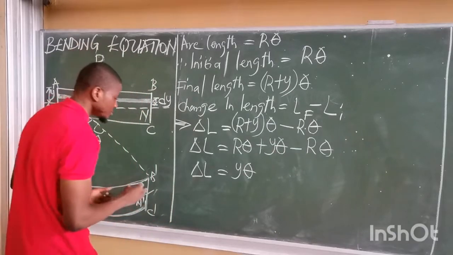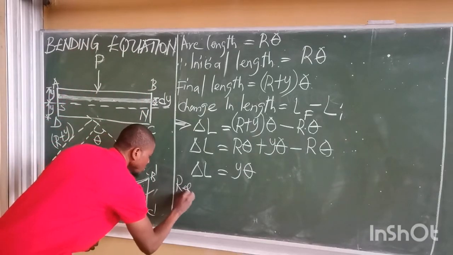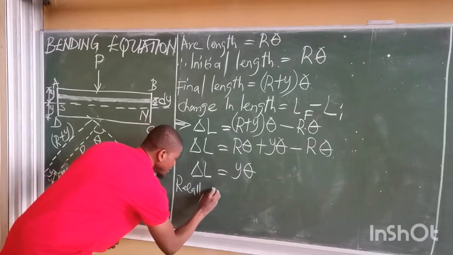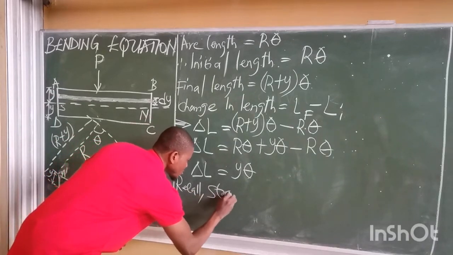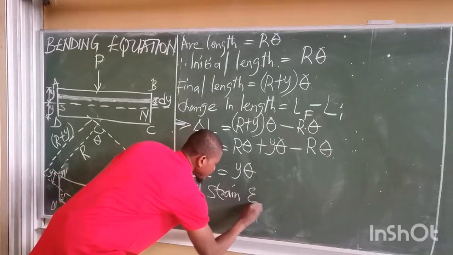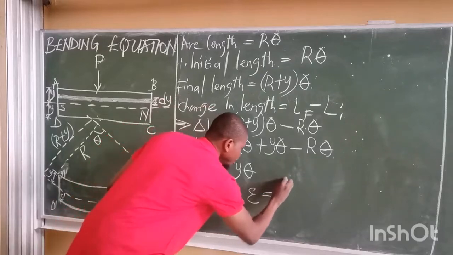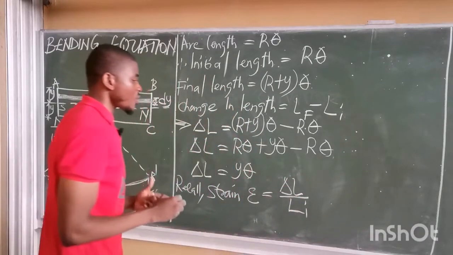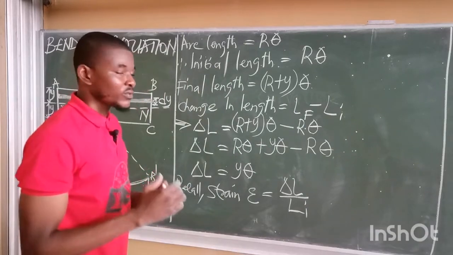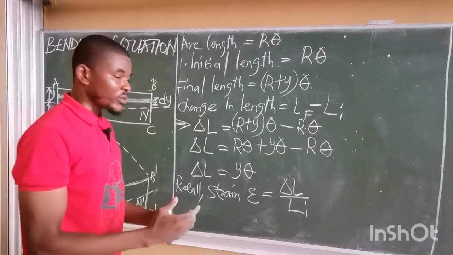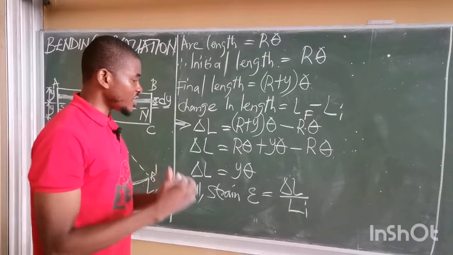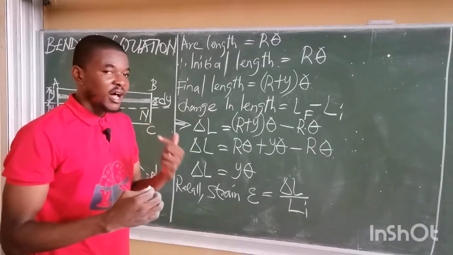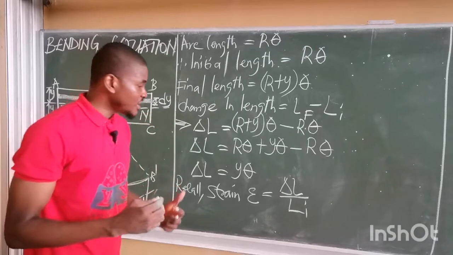But recall that strain is actually what? Change in length all over what? The initial length or original length. That's the formula for strain: change in length with respect to the original length or the initial length.